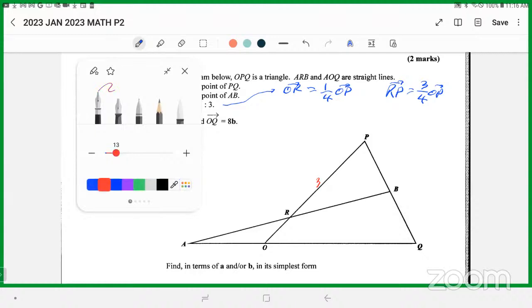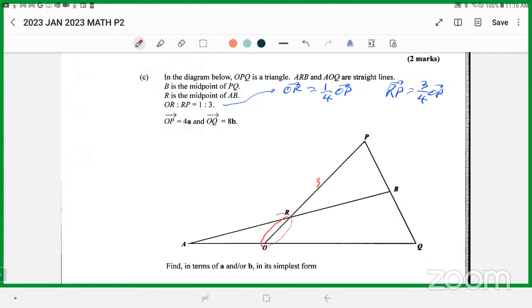Because this is 1/4 of the 4A. So this vector from O to R is just A. And so the vector from P to R now has to be 3A because the whole thing is 4A. So this vector here is 3A.